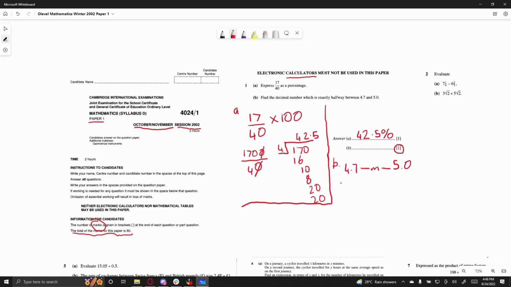Now we can write 4.7 as 47 over 10, and we can write 5.0 as 50 over 10, and so the midpoint would be some number m over 10. So simply we can just find the midpoint between 47 and 50, which would be the average between those numbers.